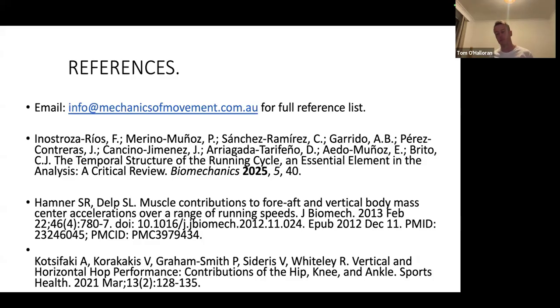The role of coordination is really important: we can trust some of the results, but you have to understand how someone executed that movement.